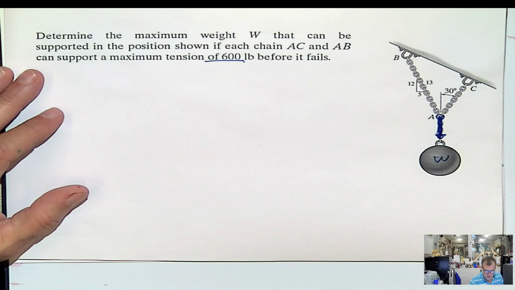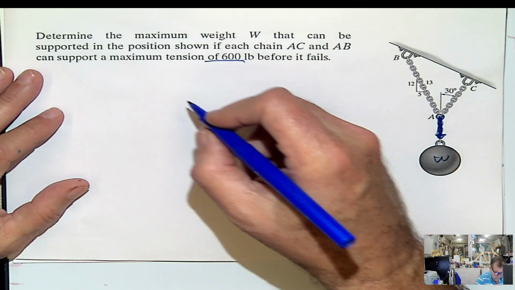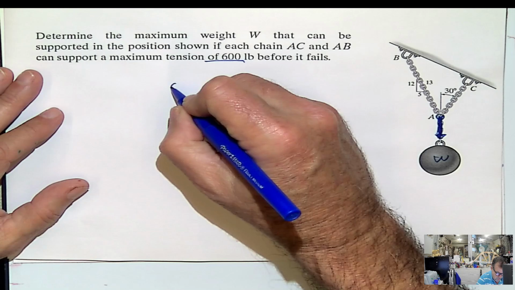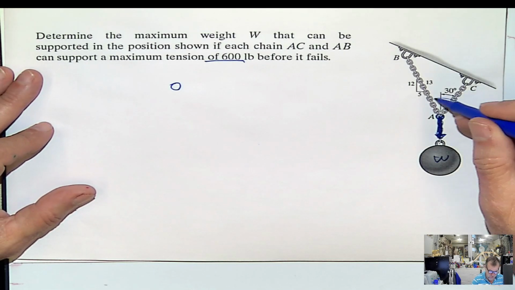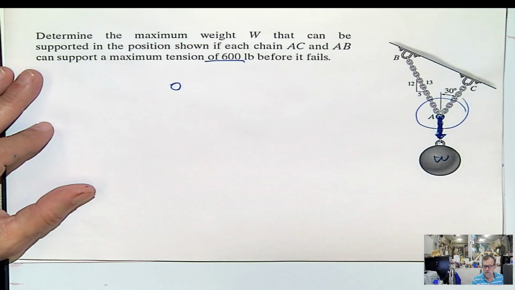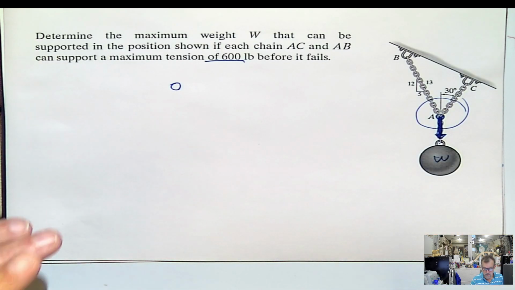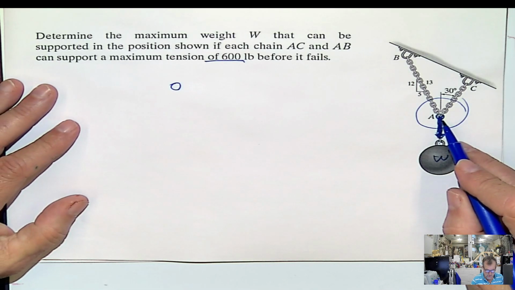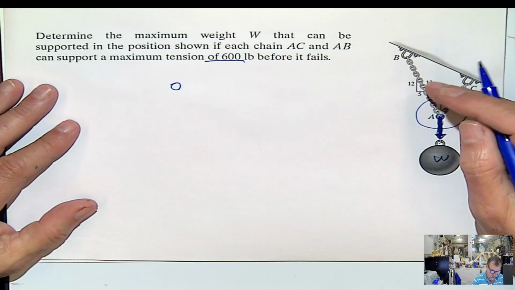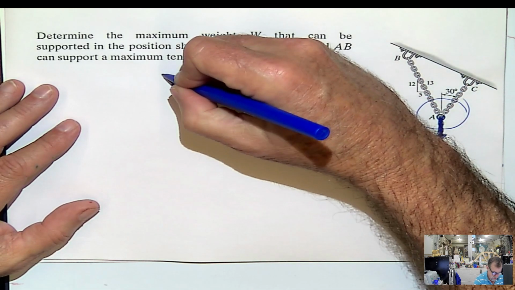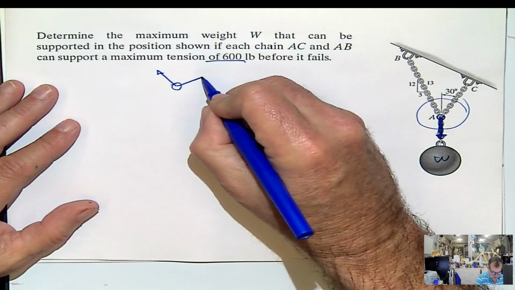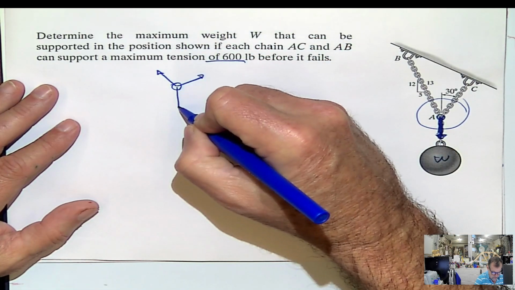So the first thing that we have to do is create a free body diagram. Remember, I explained in my lectures how to create a free body diagram, and basically you just draw a circle around the particle that you are studying, in this case the particle A, and then you eliminate everything on the outside, and start putting forces as you eliminate things.